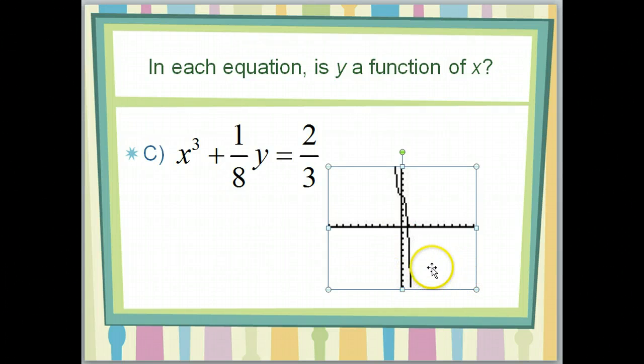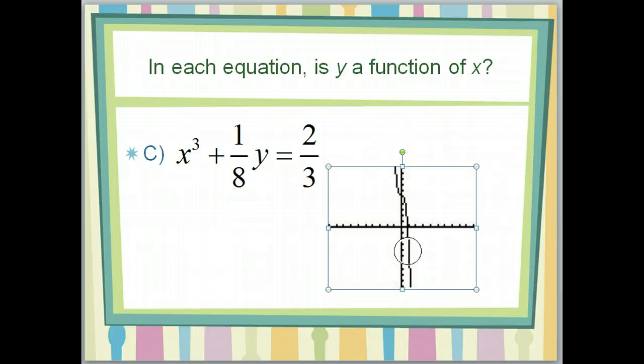And you can see from this graph that every x-coordinate has exactly one y-coordinate. What we're really using here is something called the vertical line test. And that says if you can draw a vertical line through the graph and have the line only go through it one time, then you have a function. Sometimes it's a challenge for me to draw a vertical line.